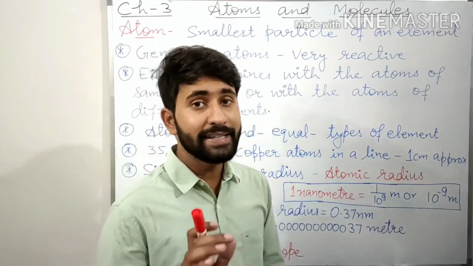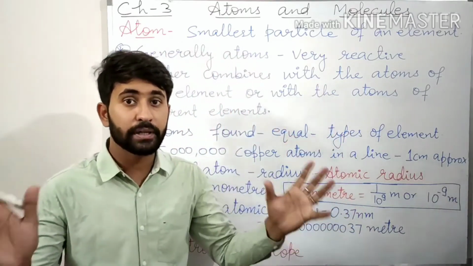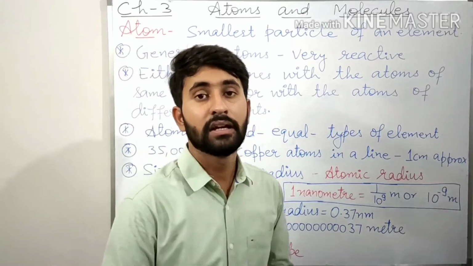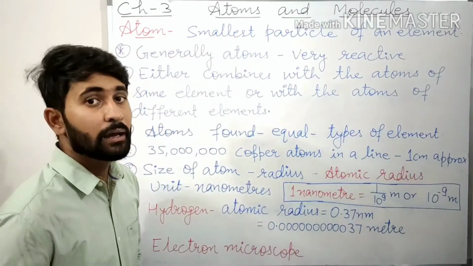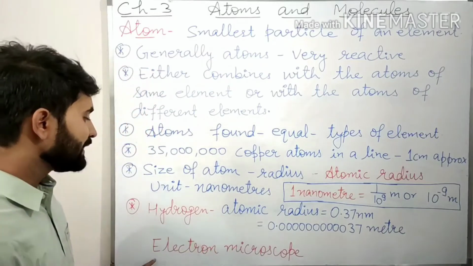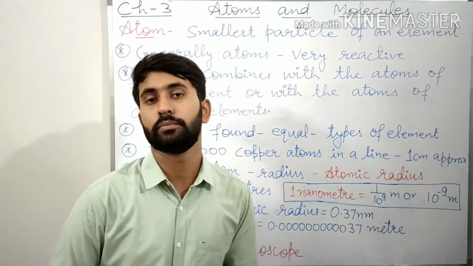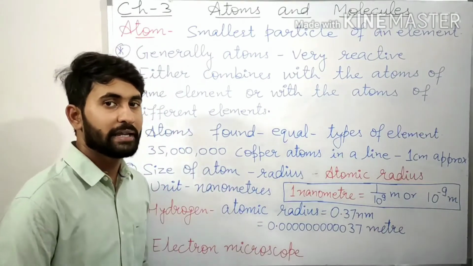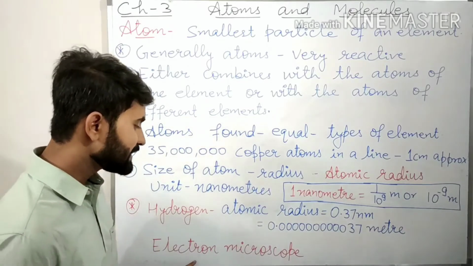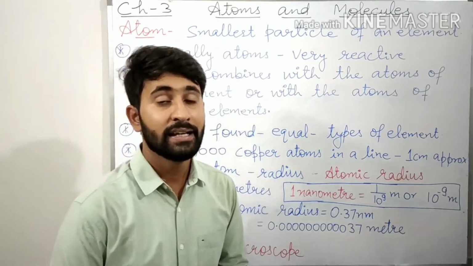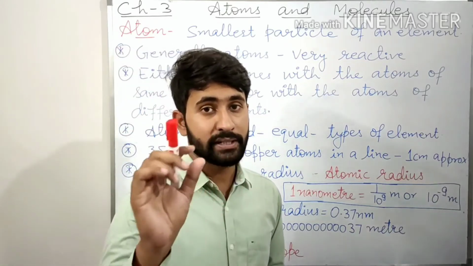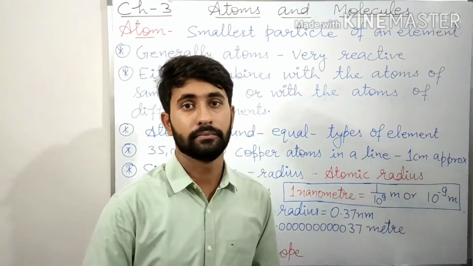We can only see enlarged pictures of the atoms present on the surface of an element by using an electron microscope. The electron microscope uses electrons for its working. We already read that electrons are present inside an atom.